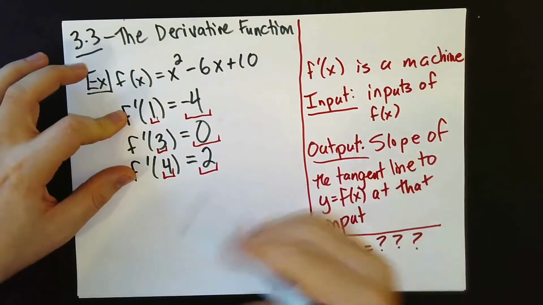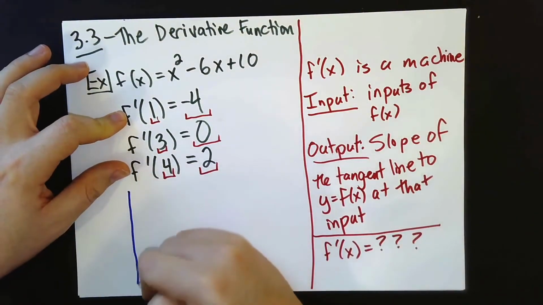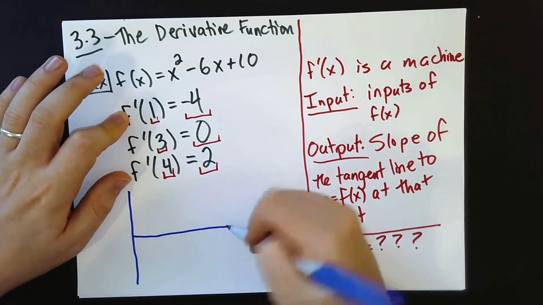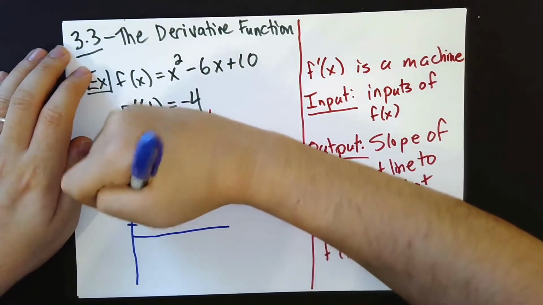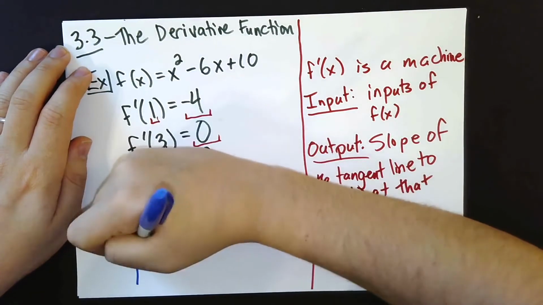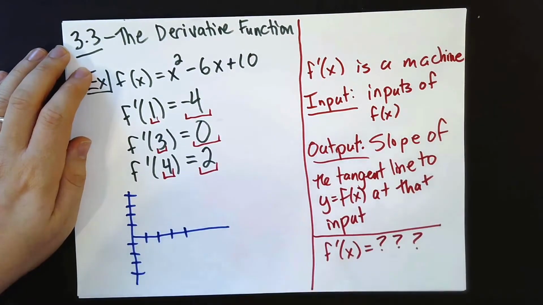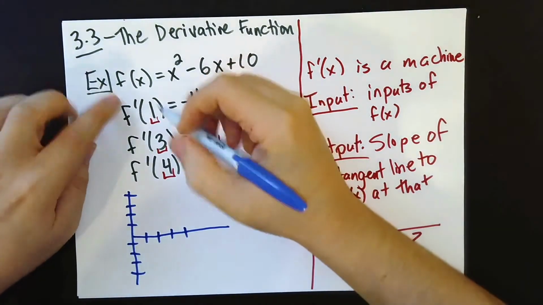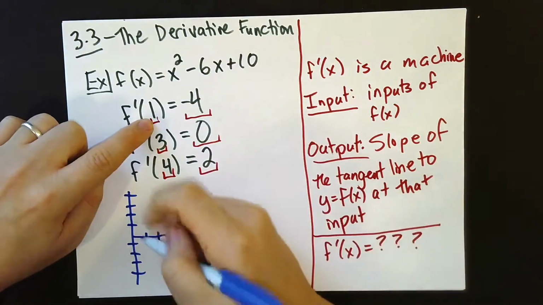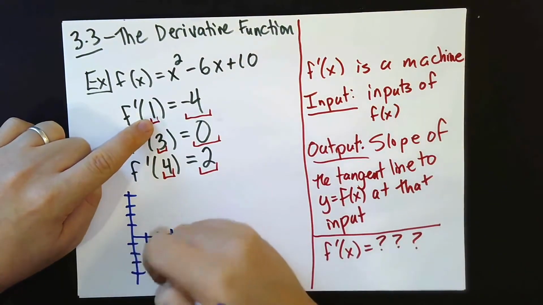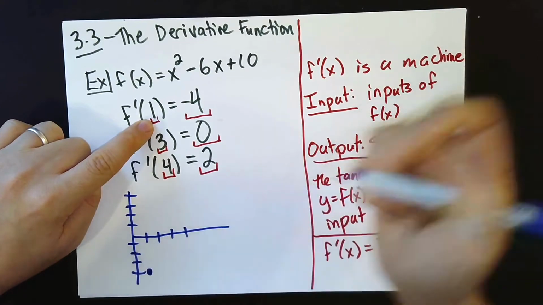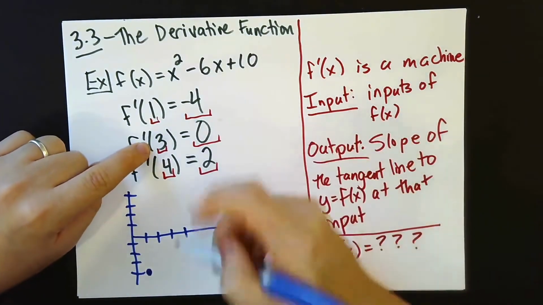Now, one thing that we often do with functions that helps us understand them is to graph them. So I want to graph these points from the derivative here on a graph. So f prime of 1 is minus 4. I'm going to take the input 1 and the output minus 4. F prime of 3 was 0.